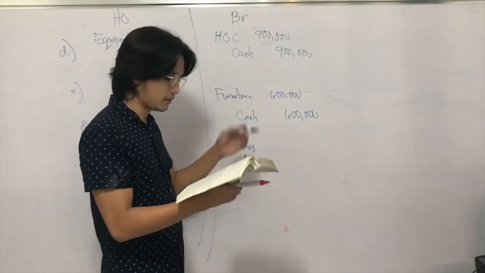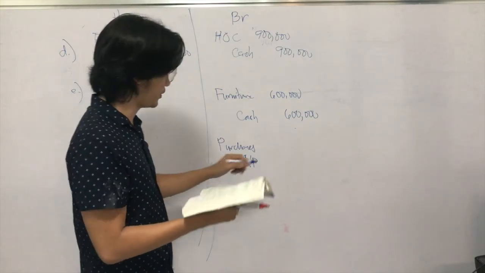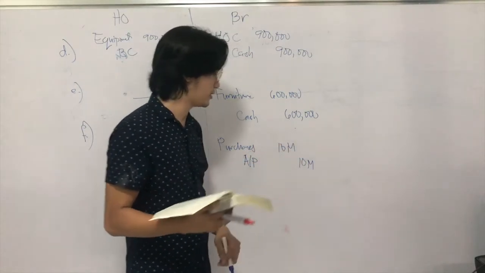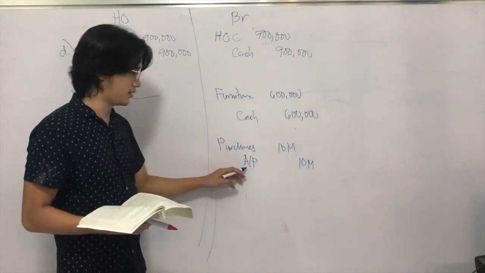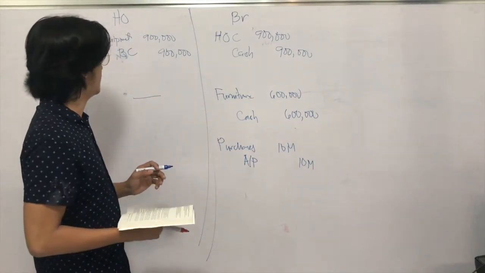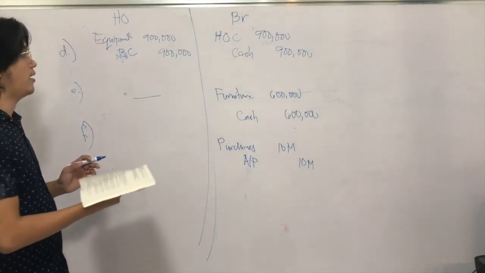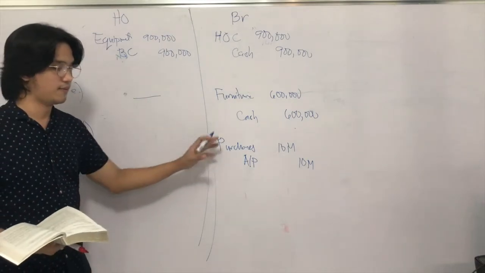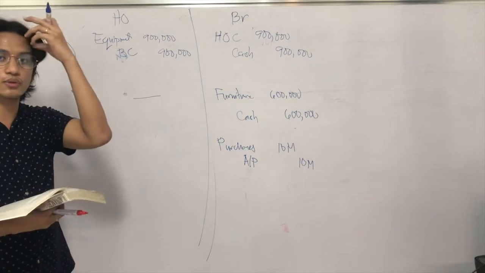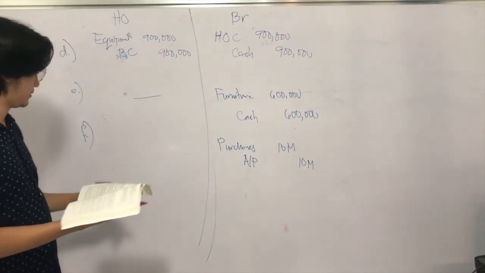Credit accounts payable for 10 million. By the way, since you're still students, I discourage using abbreviations, especially during exams. So if you're making your assignments or answering exams, put the full account name, and always base your accounts on the chart of accounts.